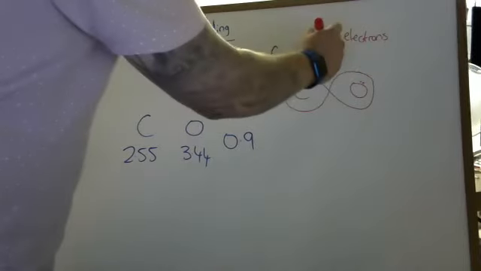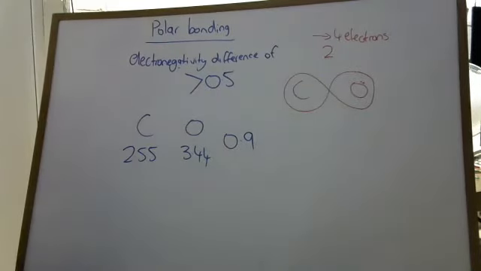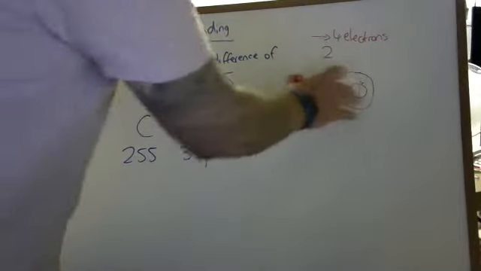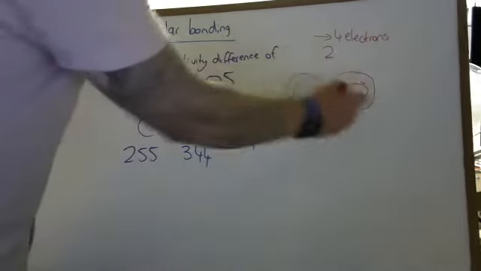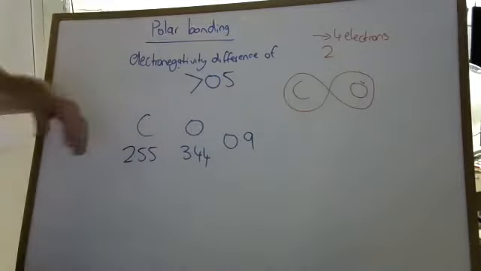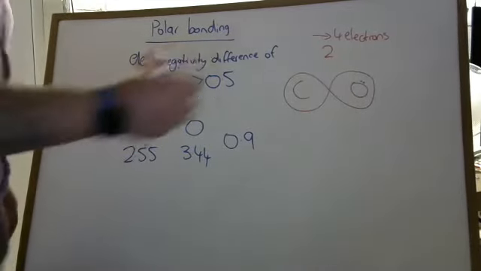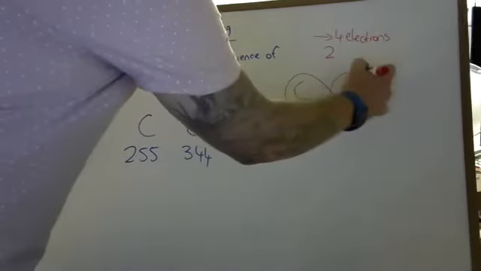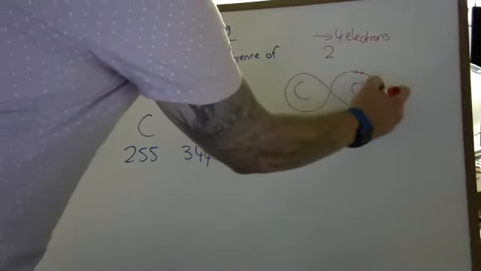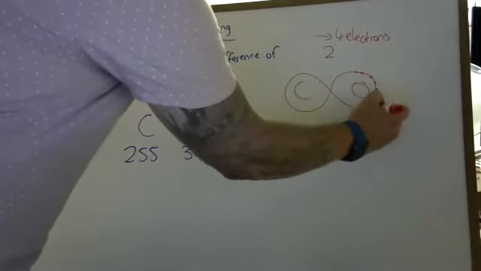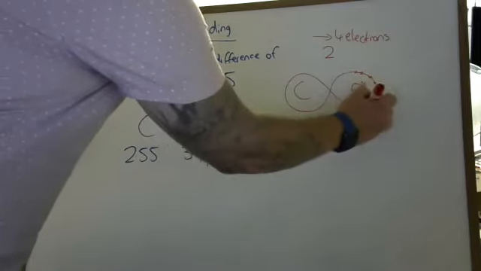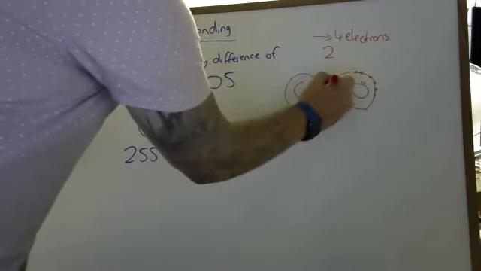It only needs 2. Because it's in group 6, it only needs to gain 2 electrons. So it has 2 non-bonding pairs that aren't involved in this covalent bond with carbon. And then it'll hog all of the electrons. 3, 4, 5, 6, 7, 8. Let's say it hogs 6 and the other 2 are here.